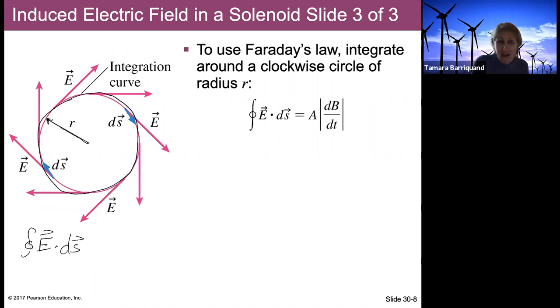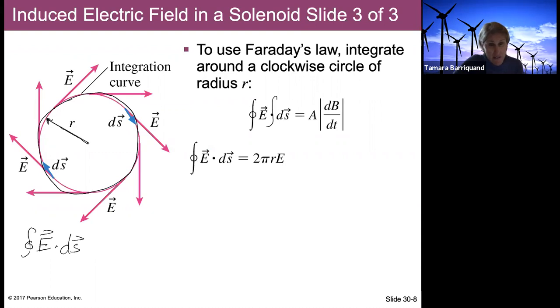It's a place where the electric field is constant around that electric field line. So now we move E outside the integral and do the integral over our whole circle. The integral around our circle is just going to be the circumference of that circle. So the integral around our loop is going to be 2 pi r E.